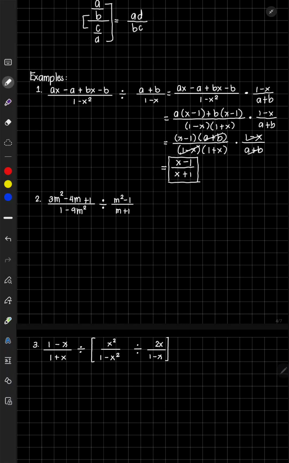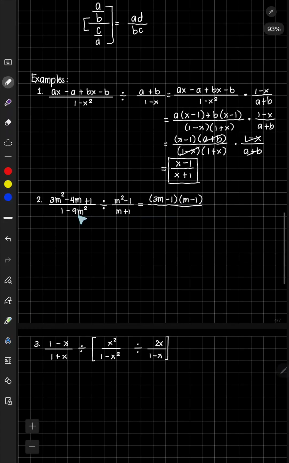Okay. So for example number 2, again, we have to find the factors and the reciprocal for m squared minus 1 and m plus 1 over m plus 1. So for 3m squared minus 4m plus 1, we have 3m minus 1 multiplied by m minus 1 all over.